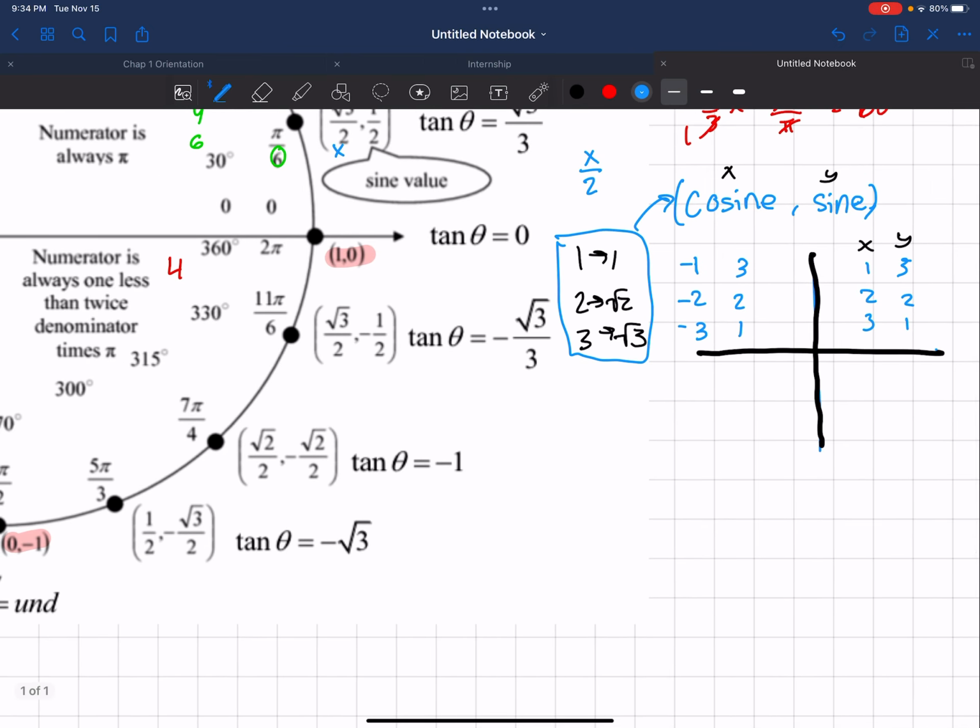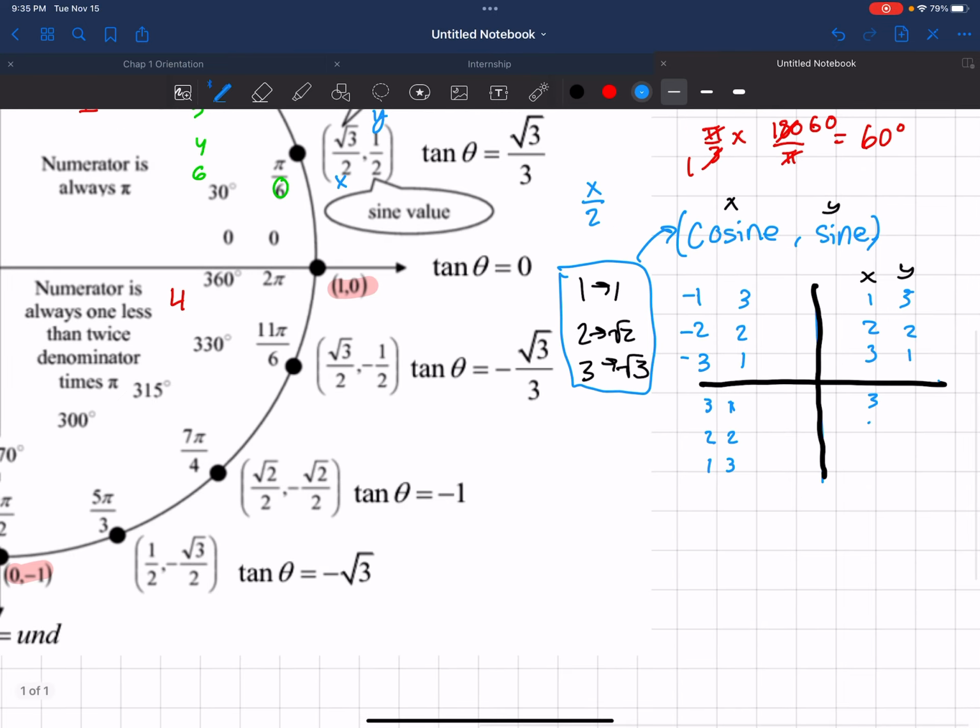Now, moving down. Your third and fourth quadrant are pretty much going to be the same. However, you're just going to change signs. And that's pretty much how it is for everything. So, you're going to do 3, 2, 1, 1, 2, 3. Like up here, you did 1, 2, 3, 3, 2, 1. Down here, you're just going to flip those 2 columns. So, same thing here. 3, 2, 1, 1, 2, 3.